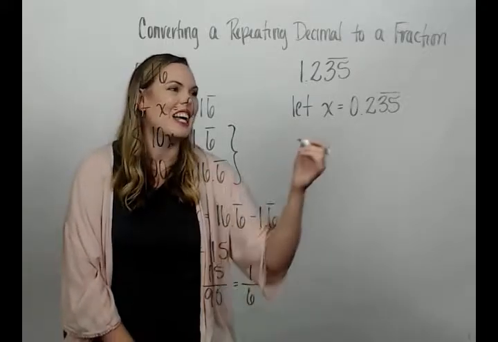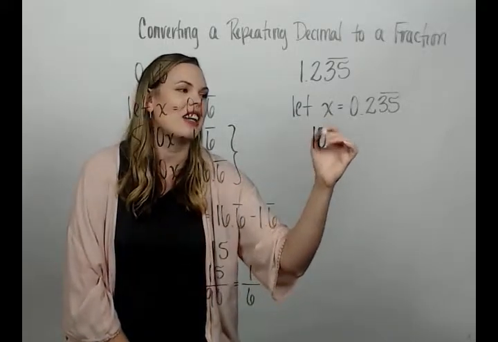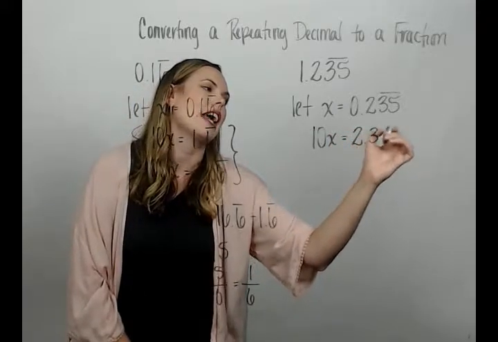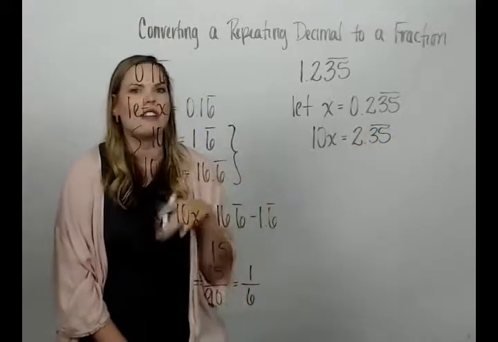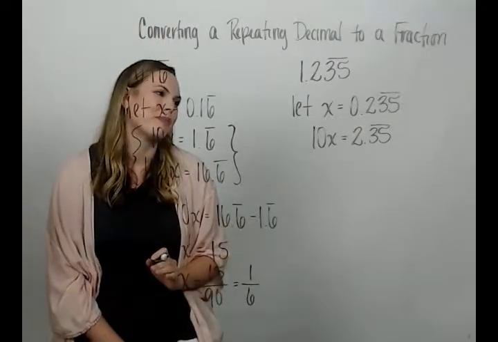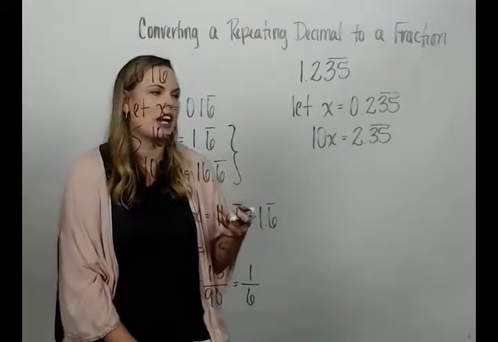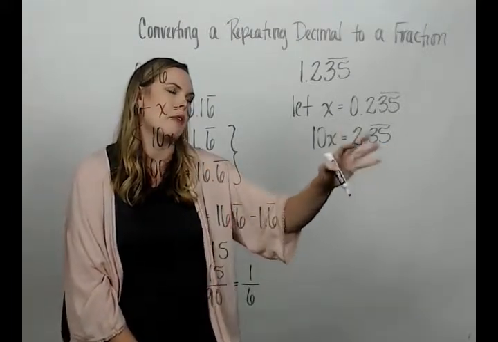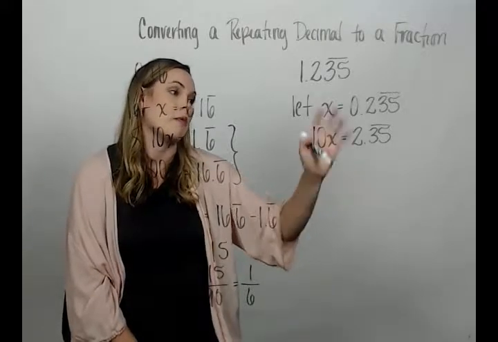All right, let's do the same thing here. Let's get that repeating part right after the decimal so that then I can not have decimals in this step right here, okay? All right, and then I'm going to create another equation where I have the same repeating part, okay, right after the decimal.